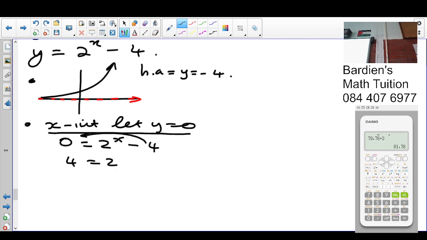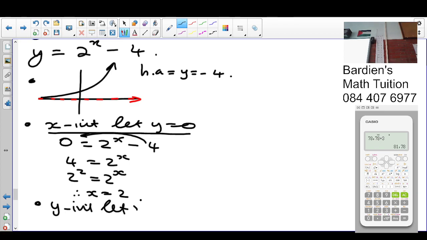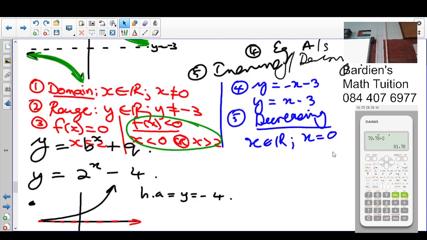So 4 is equal to 2 to the x. 2 squared, yes. So therefore, now what? Y-intercept. What do you do for y-intercept? X equal to 0.